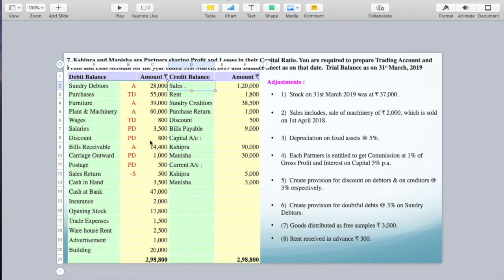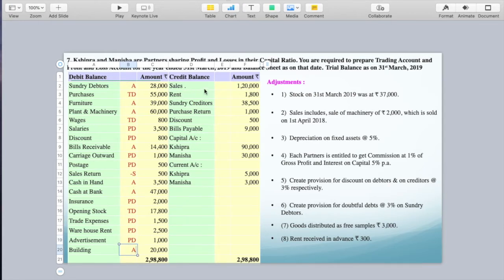Then cash in hand, asset; cash at bank, asset; insurance, profit and loss account debit side; opening stock, trading account debit side; trade expenses, profit and loss debit side; warehouse rent, profit and loss debit side; advertisement also profit and loss debit side; and building, asset.